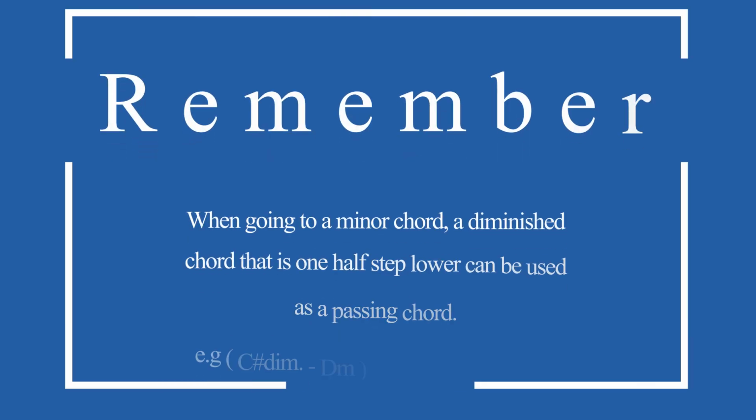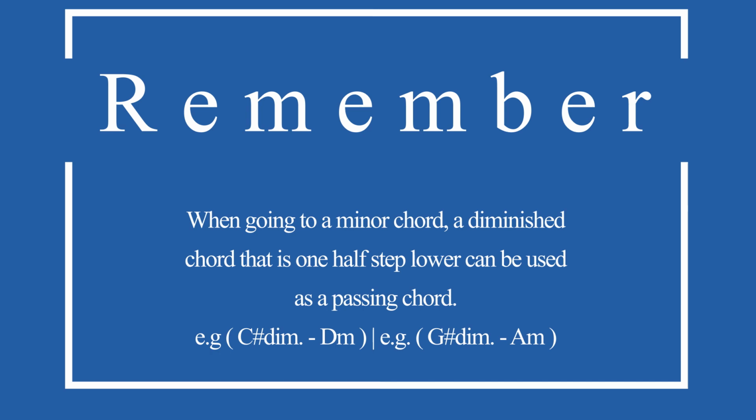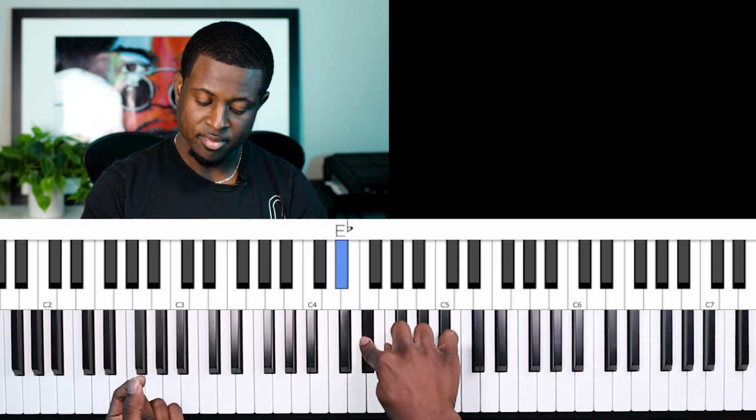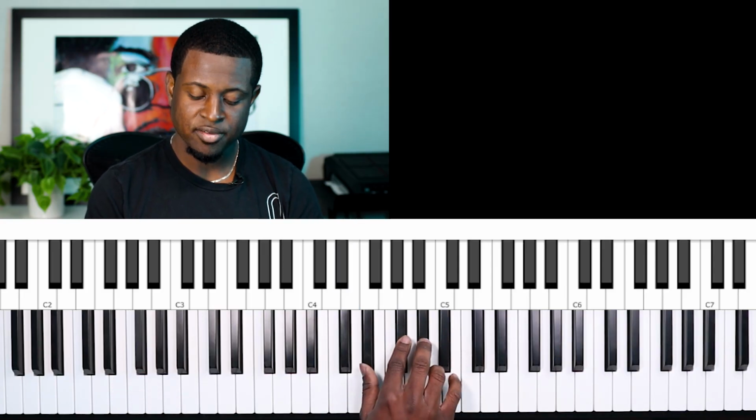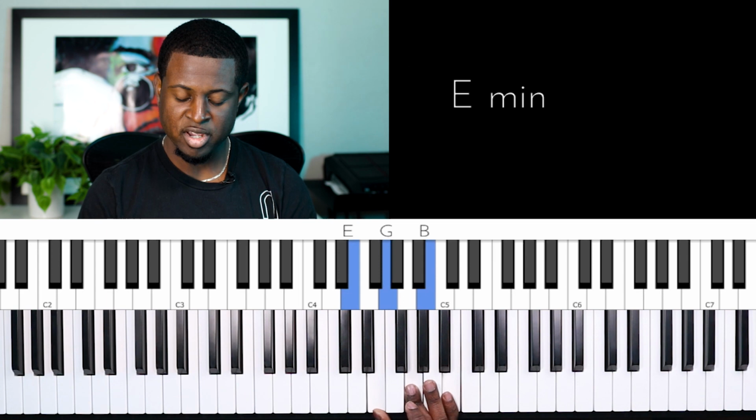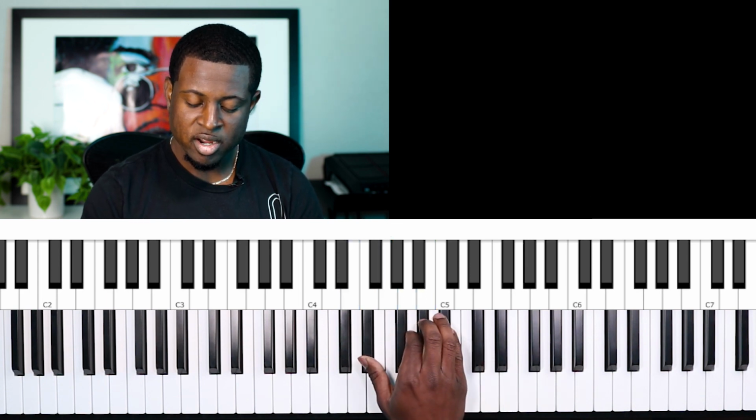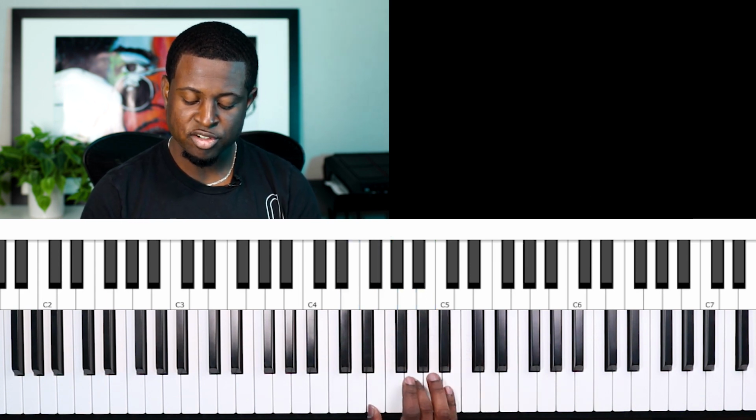And remember the rule. If we're going to a minor chord, we can play a diminished chord that is a half step lower as our passing chord. Okay? So here, we're going to play an E flat diminished going to E minor.